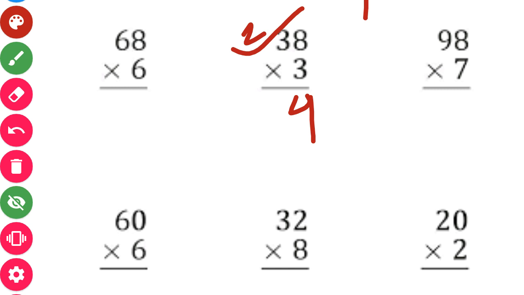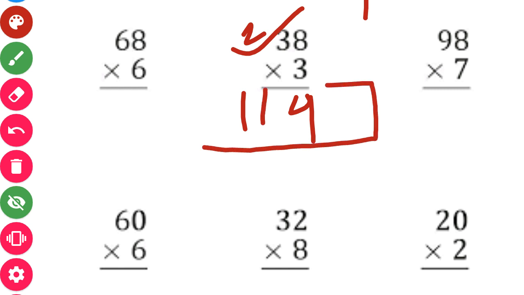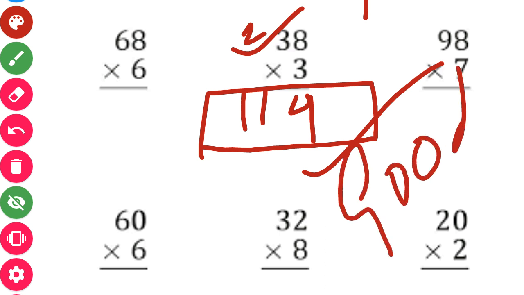Now 3 into 3. 3 threes are 9 and 9 plus 2 is 10, 11. We will get 11. So our answer will be 114. Very good. I hope you all have got the same answer, है ना?